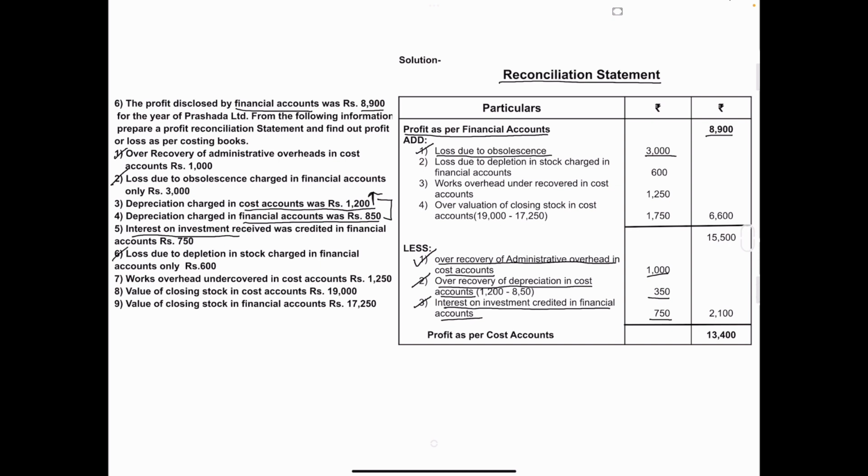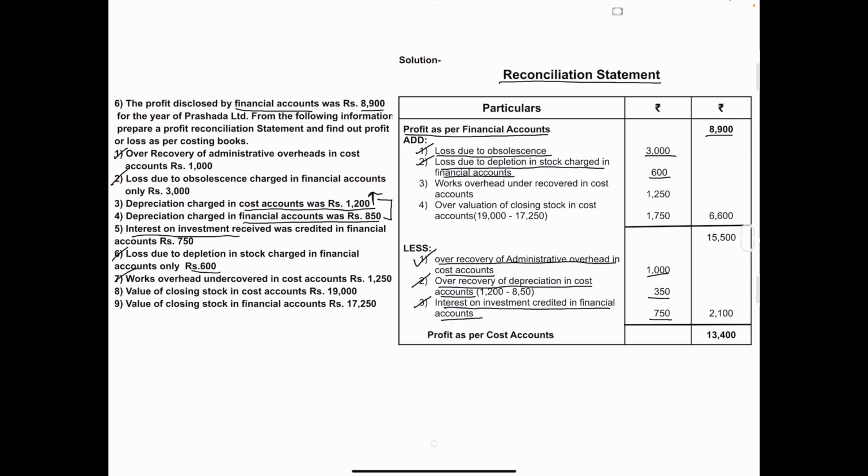Next one, loss due to depletion in stock charged in financial accounts only, rupees 600. This is to be added. So write number 2, loss due to depletion in stock charged in financial accounts, amount 600.